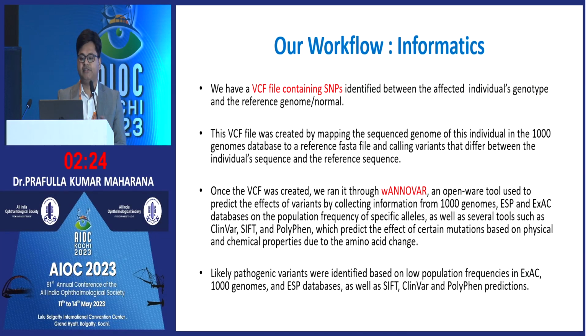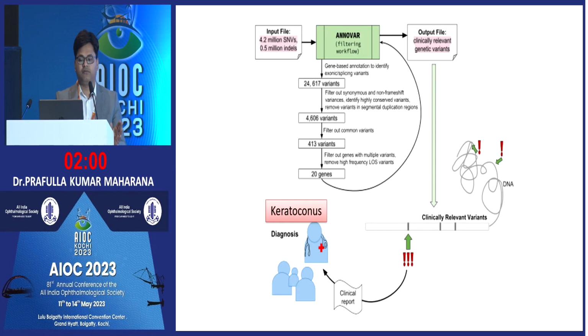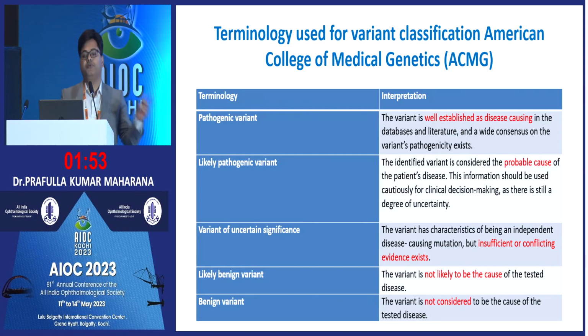This is important because after all this analysis, we created the patient's profile that contains all the single nucleotide polymorphisms, and then we compared that with established normal population genomics, and then we filtered out which are the mutations that are unique to the Indian population, and then we ran them through ANNOVAR. What ANNOVAR does is it searches all the existing databases as well as literature, and then it gives you a classification.